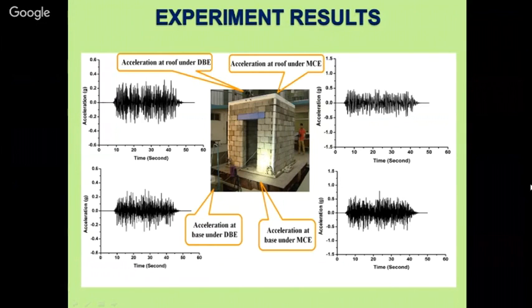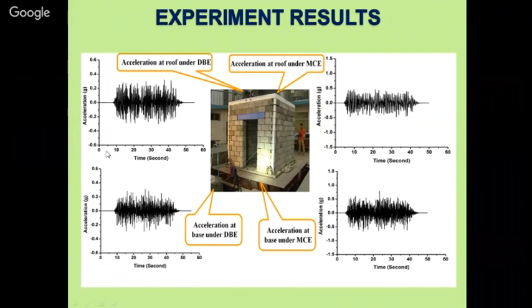So we are not increasing the mass of the building, but at the same time, without providing any vertical and horizontal reinforcement, we are dissipating a large amount of energy during earthquake motions. As told in the picture also, we have tested this technology in the design based earthquake as well as the maximum considered earthquake. Here you can see the graphs of the design based earthquake.